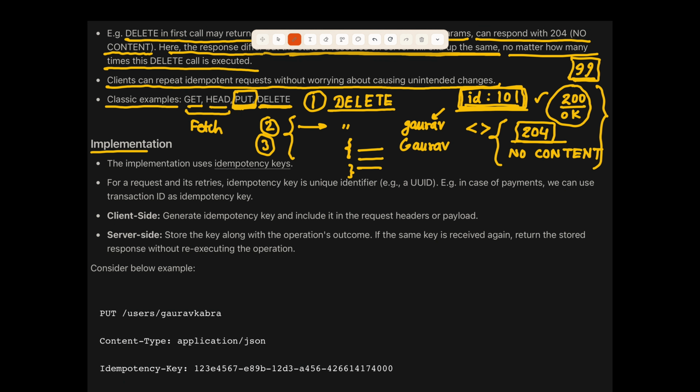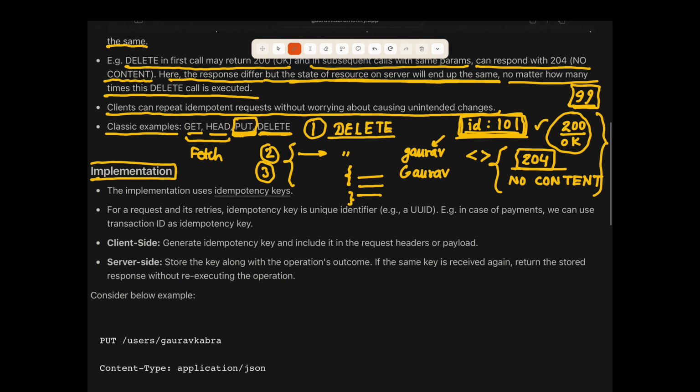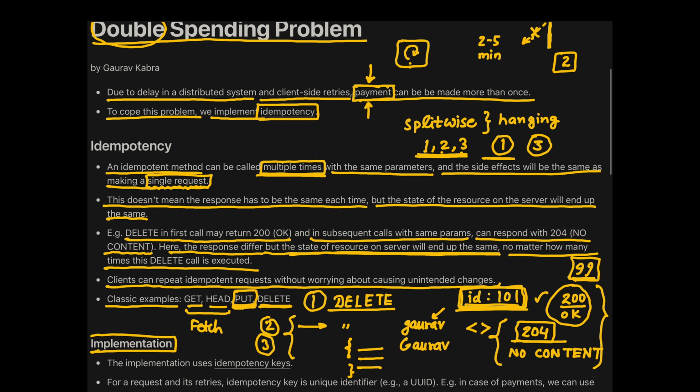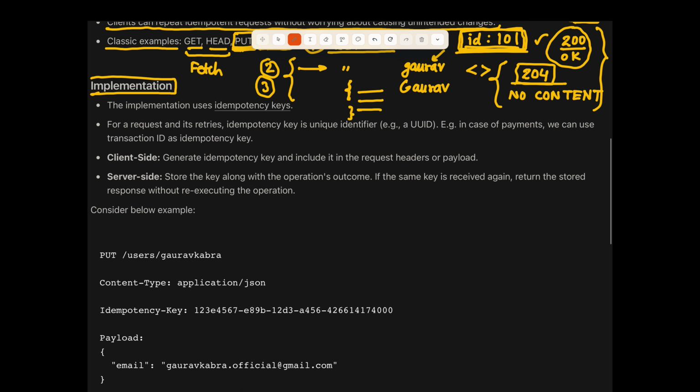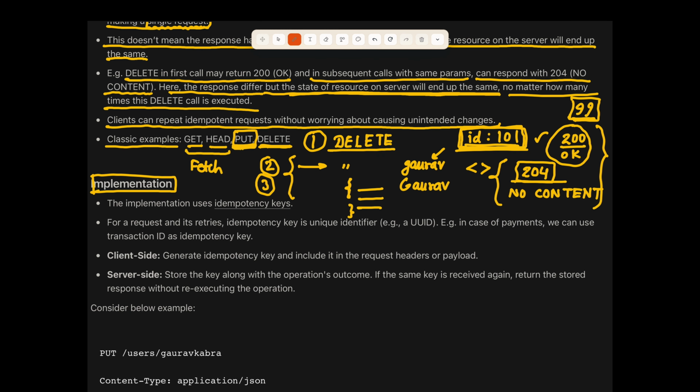We talked about what the double spending problem is, and for that we discussed idempotency. But now, how do we implement idempotency? See, the concept is very easy. Here you know that I have to delete a resource by its ID.